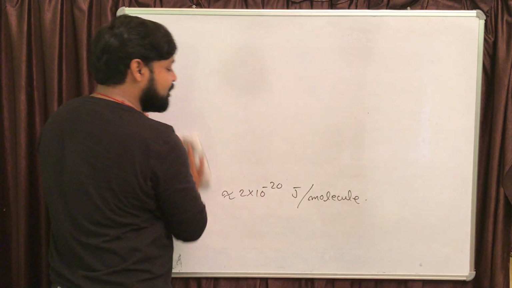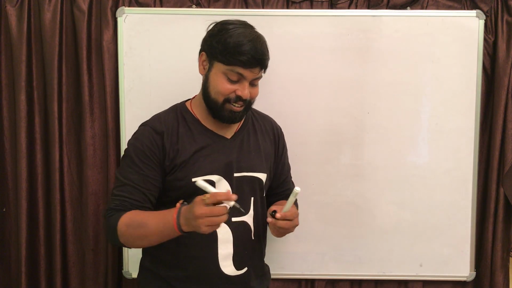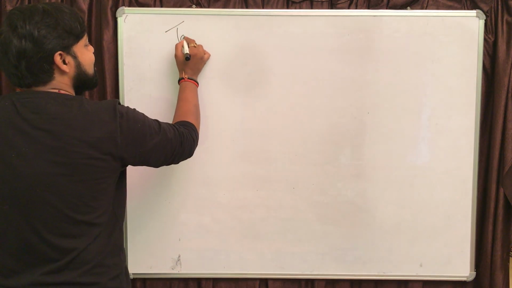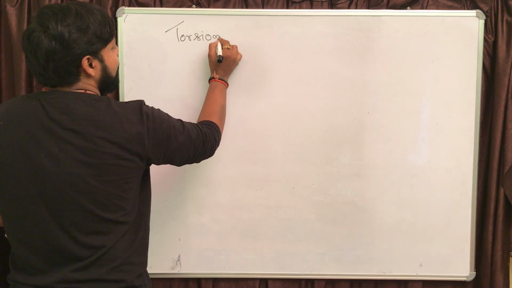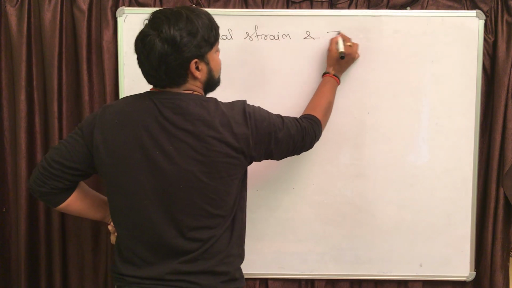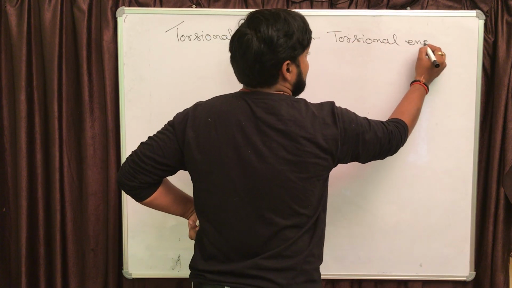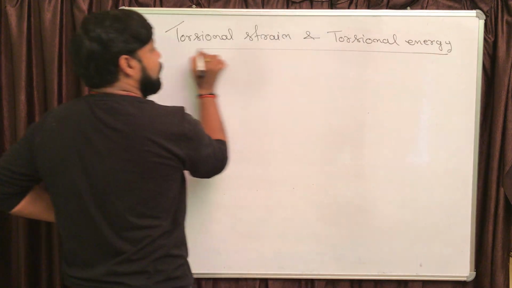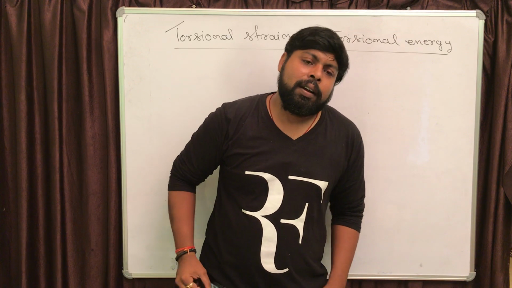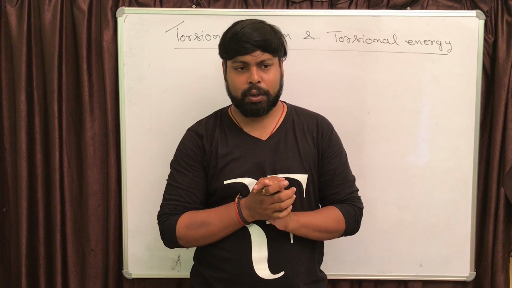Next, what we need to understand is the definition of strain, torsional strain and torsional energy. Right, let us try to understand the definition. There is an energy gap between staggered and eclipsed.